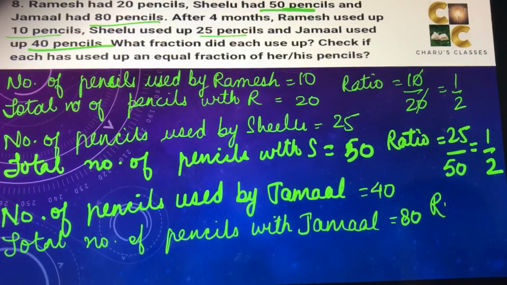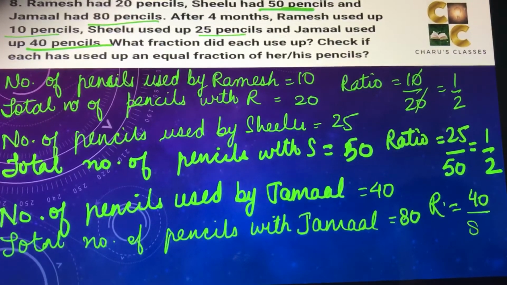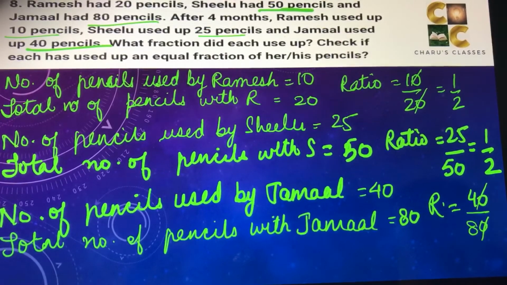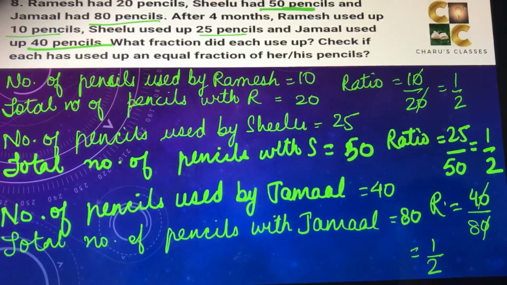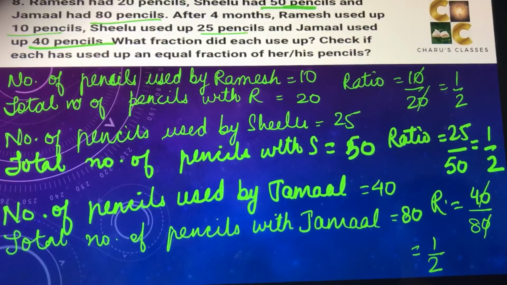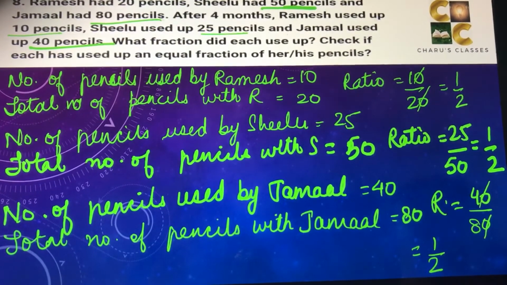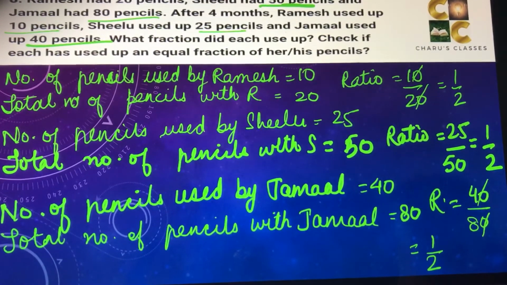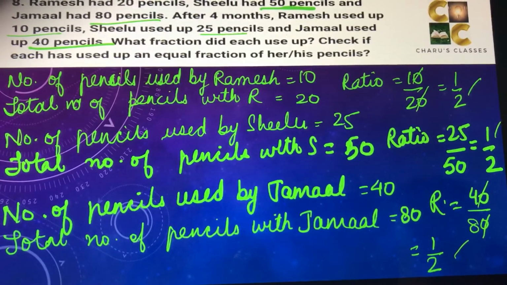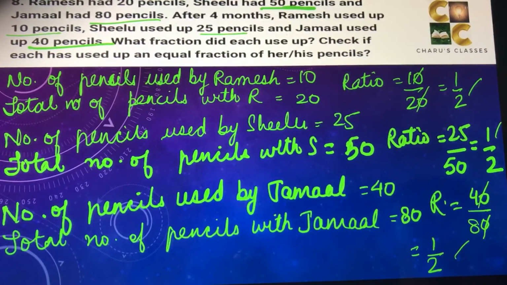So इसका जो ratio आएगा that will be 40/80. The 0 0 will cancel and 4/8 is again 1/2. So they are asking check if each has used up an equal fraction of his her pencils. So as you can see, yes, इन सभी ने half of their pencils use कर लिए.